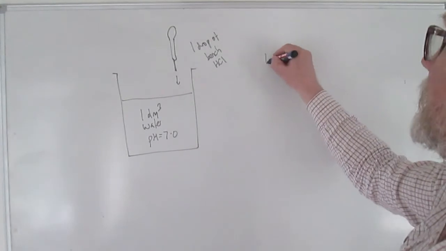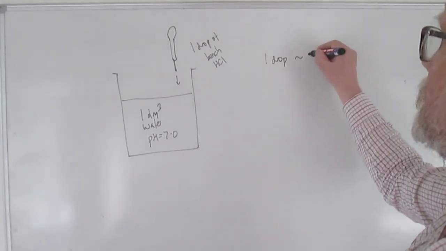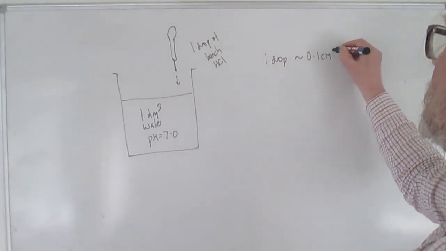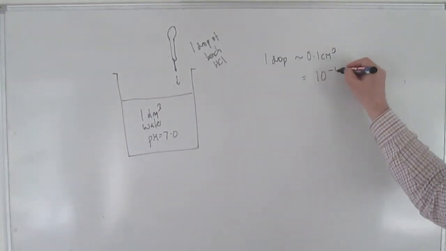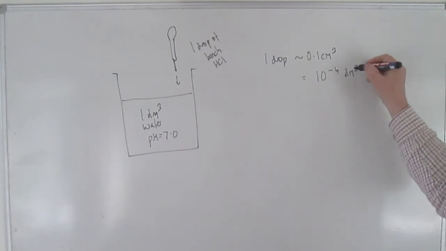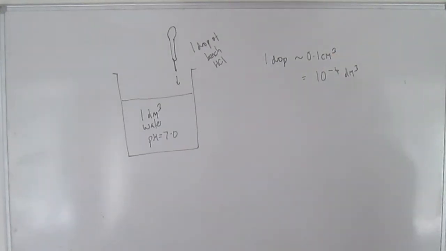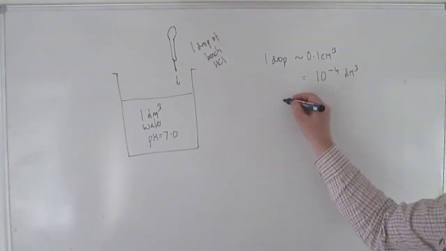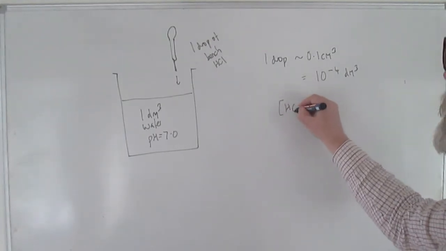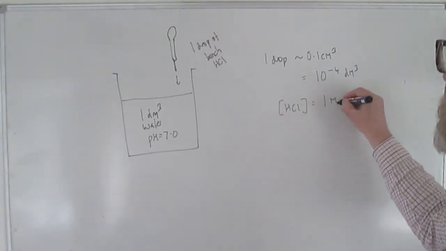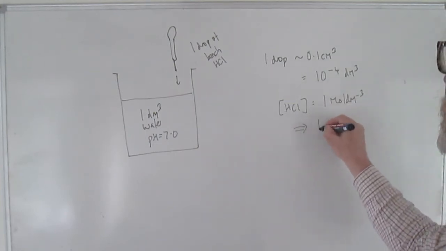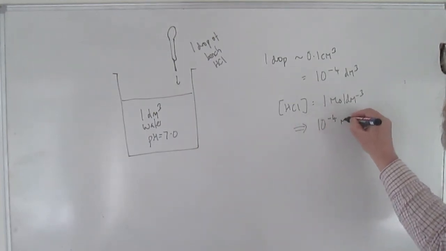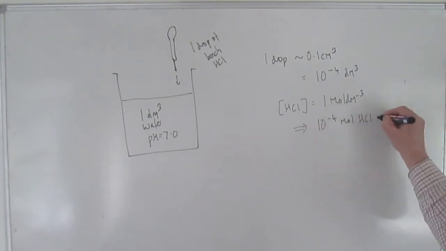So 1 drop is about 0.1 cm cubed, which is 10 to the minus 4 dm cubed. Okay, 0.1 divided by 1000 is 10 to the minus 4 dm cubed. If the concentration of the HCl is 1 mole per dm cubed, that means that we have 10 to the minus 4 moles of HCl added.